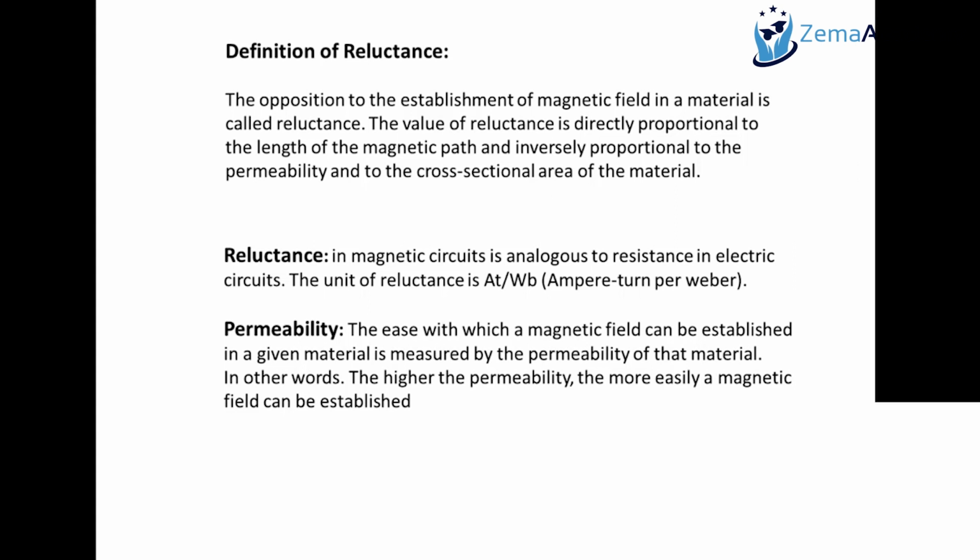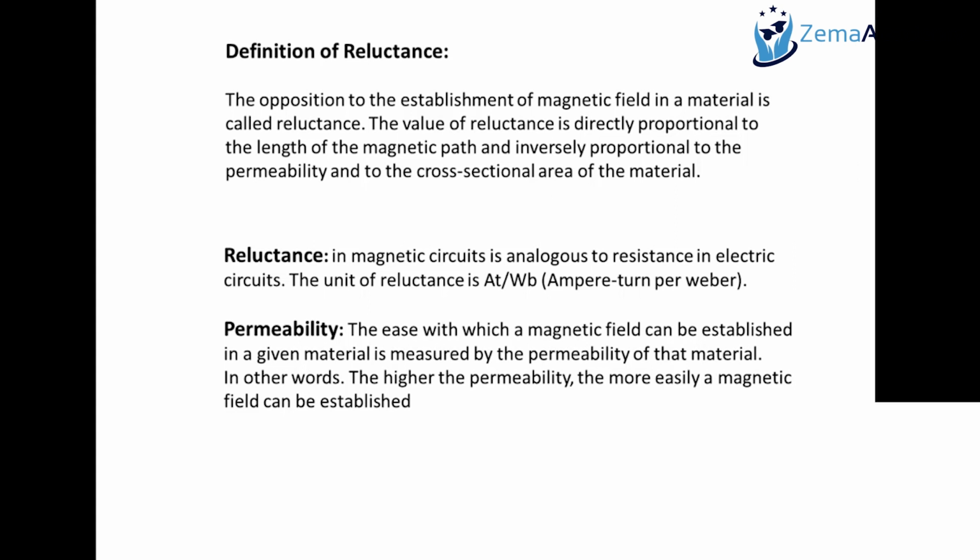The permeability is each and every material, like the iron or stainless steel, has an ability to produce the magnetic field when a current flows through it. And the iron material actually stores the magnetism in its magnetic domains, and that creates the opposition to the flow of current in a magnetic circuit.